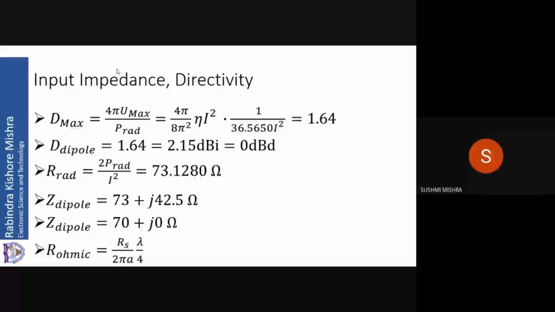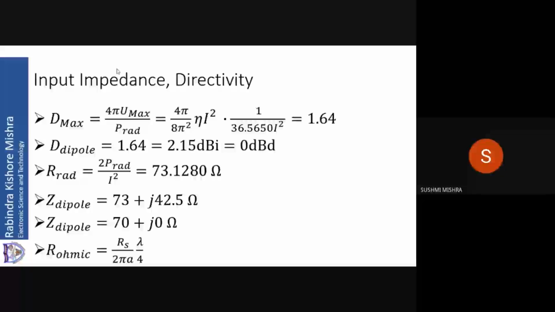So pi cancels out, numerator and denominator. So what we get is 4 into 120 pi divided by 8 into 36.5650. That is equal to 1.64. Therefore, the directivity for dipole is equal to 1.64.